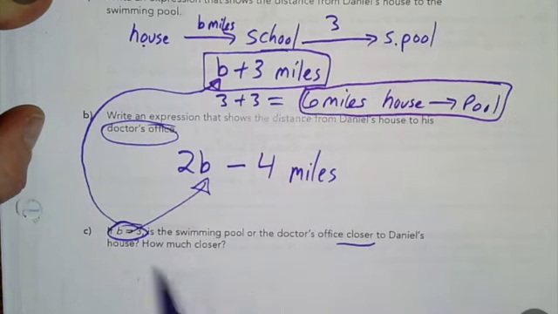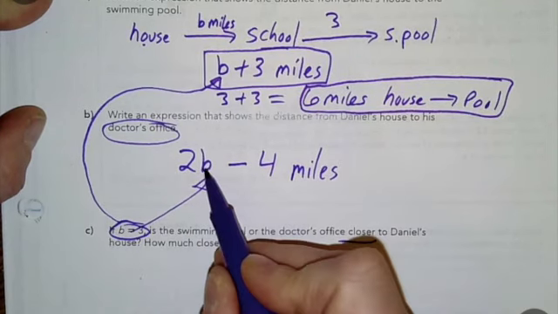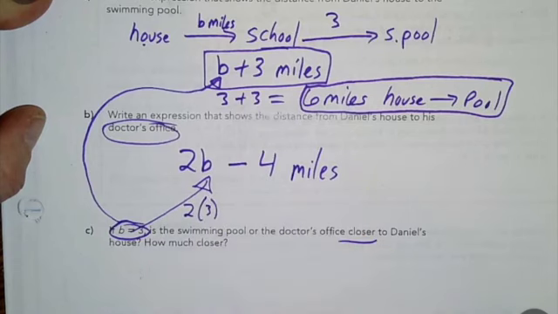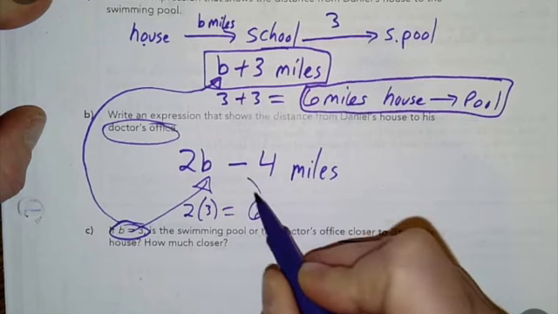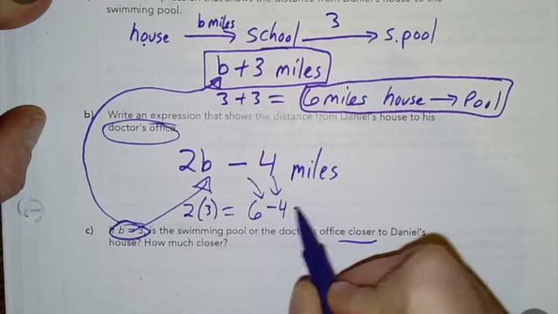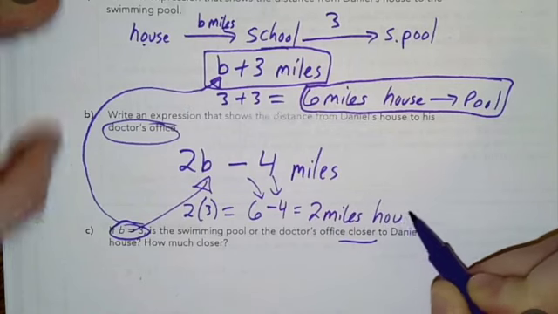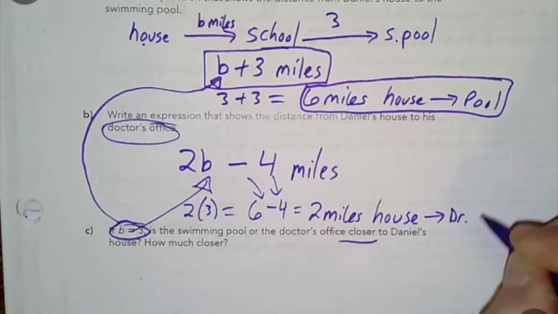And if we put in 3 right here, this was his house to the doctor's office. So what happens when you put a 3 right there? That means 2 times 3. That gives us 6. And then we still have to bring down and subtract 4. So this one is 2 miles from his house to the doctor's office.